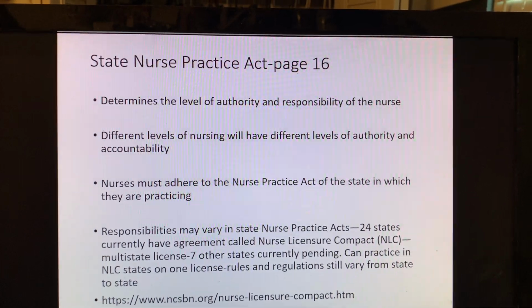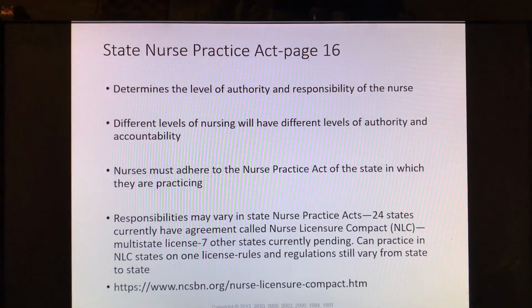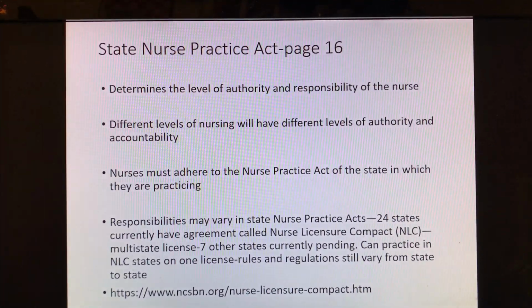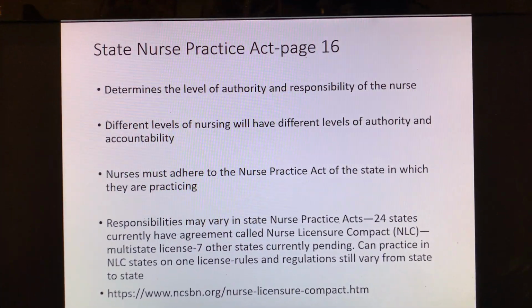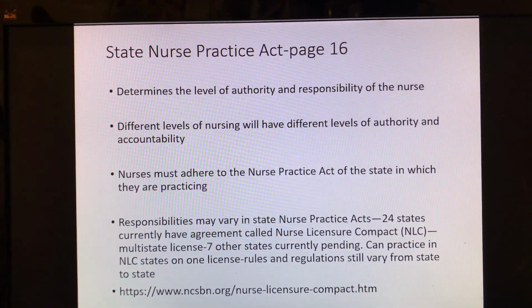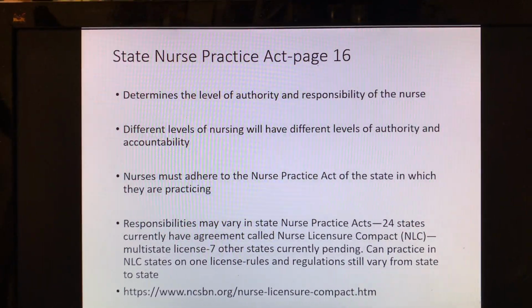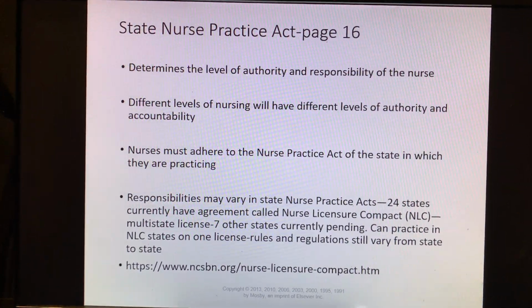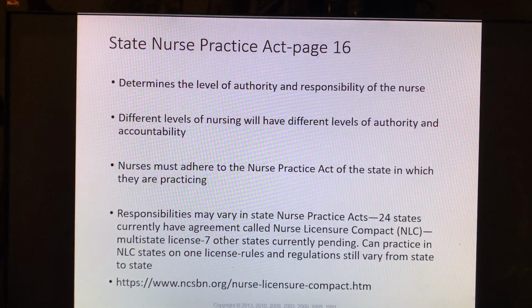The things that an LPN can decide and the certain amount of authority they have is not the same as that of an RN, and what an RN can do and who they can dictate to or give instructions to is going to be different than an advanced practice RN who comes in and works as a nurse practitioner on the floor.